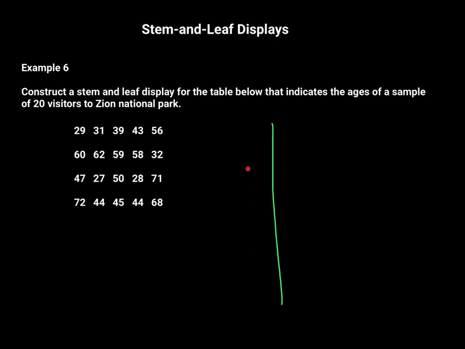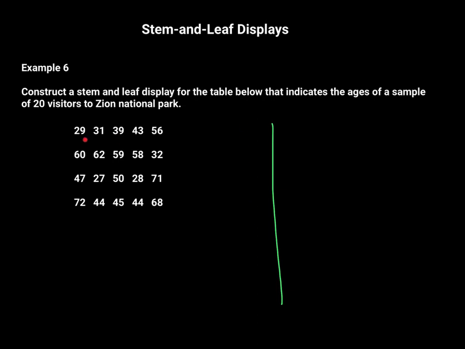On the left will be the stem, and on the right will be the leaves. Okay, so we have the stems and the leaves. Now, I think what would probably make sense is because all of these are 2-digit numbers, the first digit of each number, in other words, the tens place, each of those will be part of my stem.